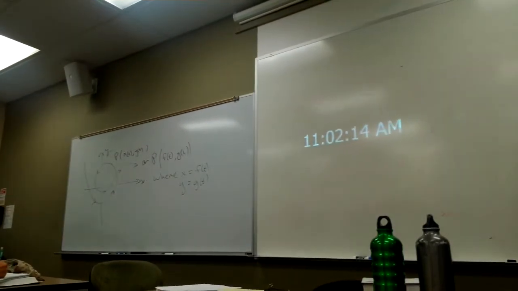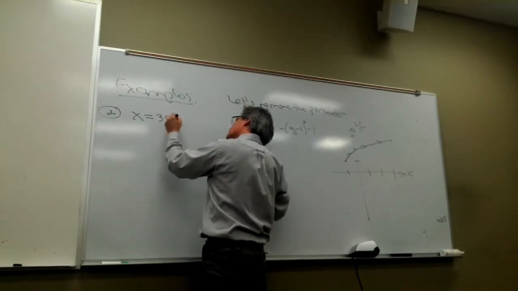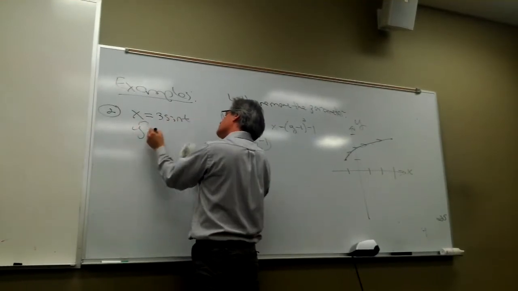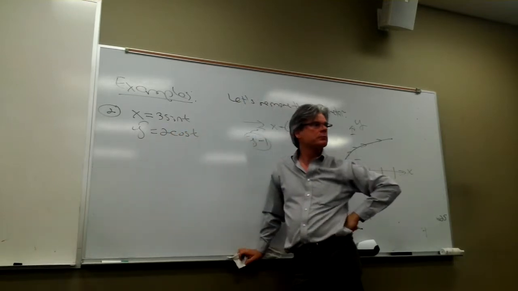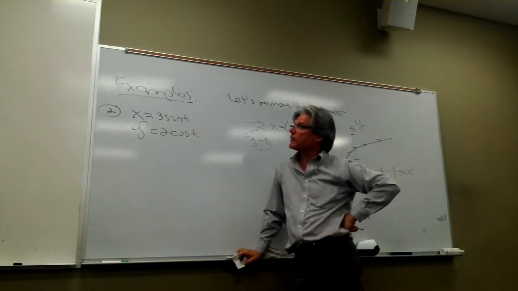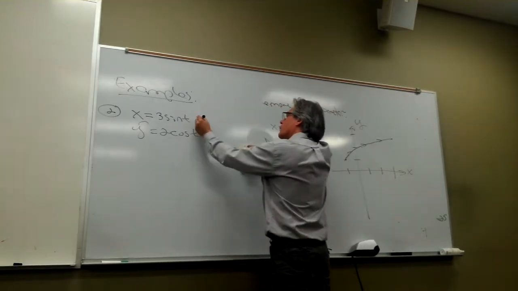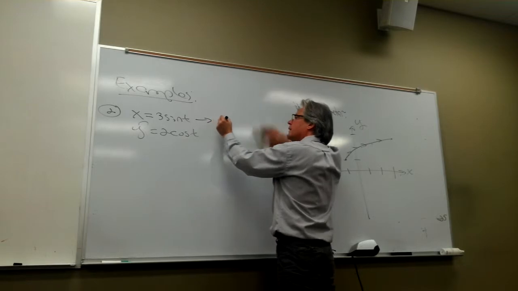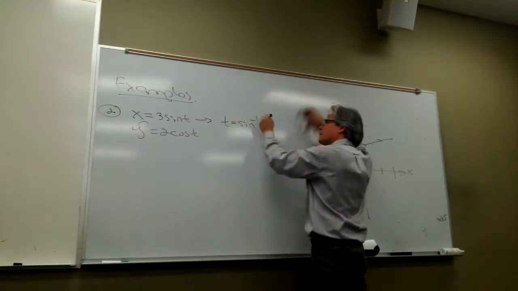What about this one? Now, if I were to get an idea of what this graph looks like, to remove the parameter, let's you and I take one of the equations and solve for t. I think t is going to be equal to the inverse sine of x thirds.